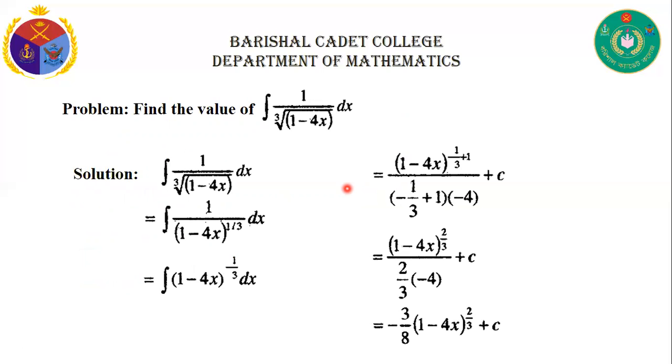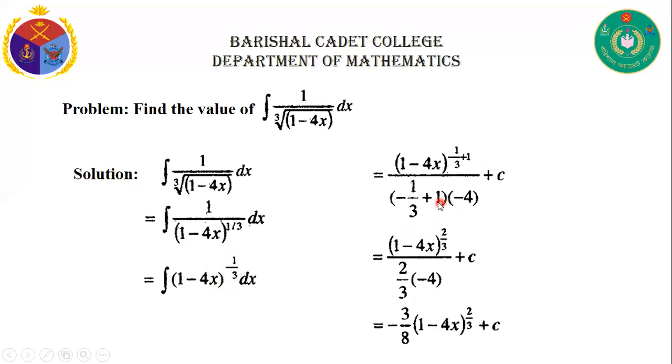Okay, now the problem: find the value of the integration of 1 by cube root of 1 minus 4x. So boys, here from this cube root, that is 1 by 1 minus 4x to the power 1 by 3. If we put it upward, then that is 1 minus 4x to the power minus 1 by 3.